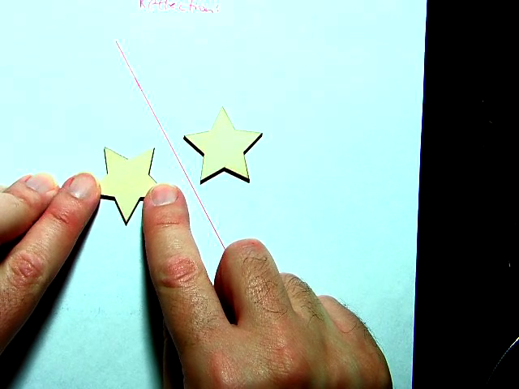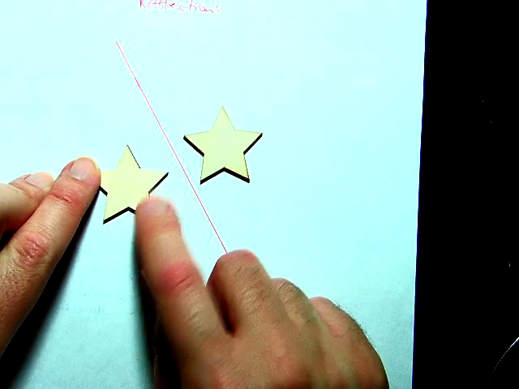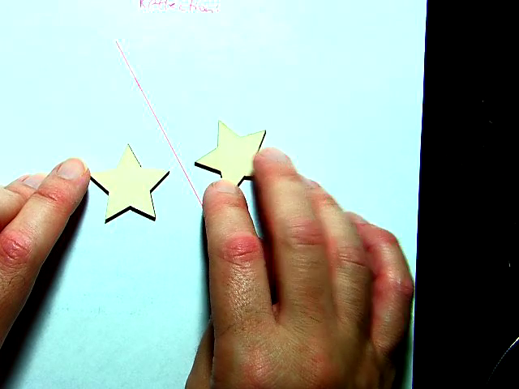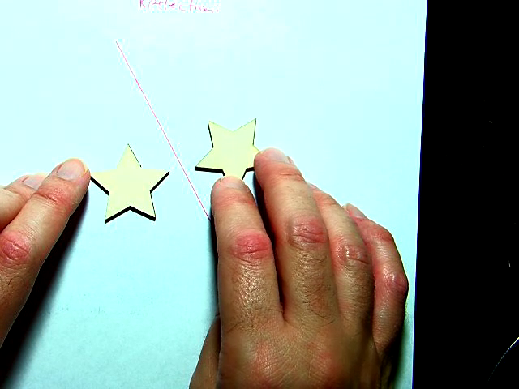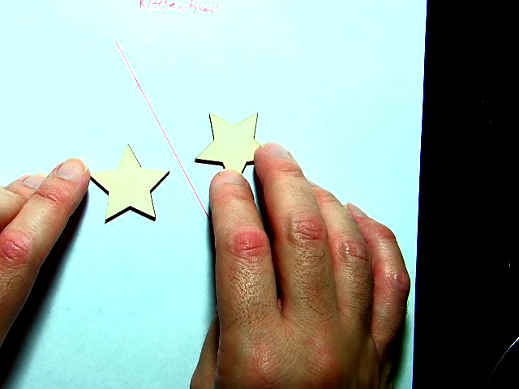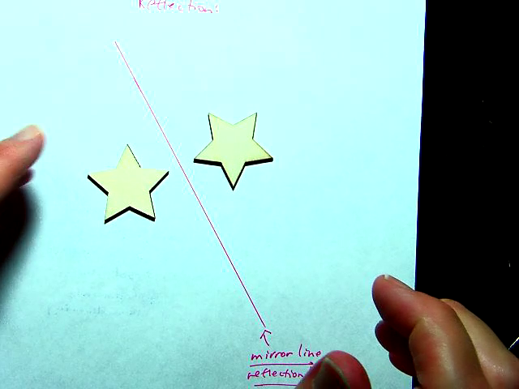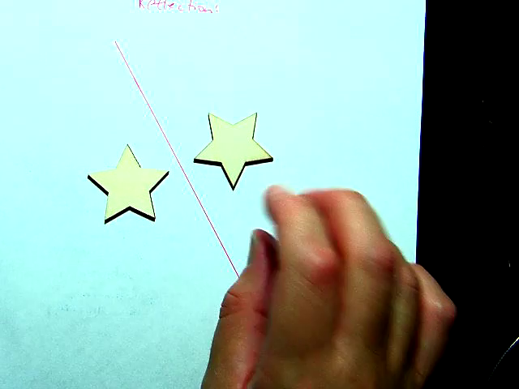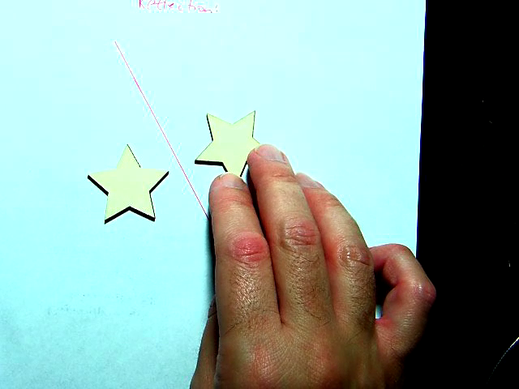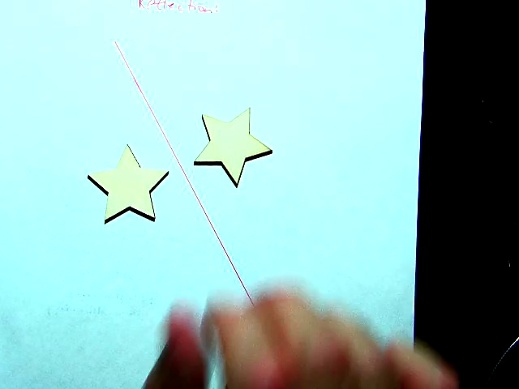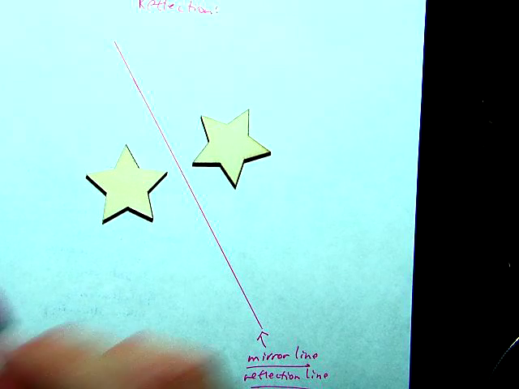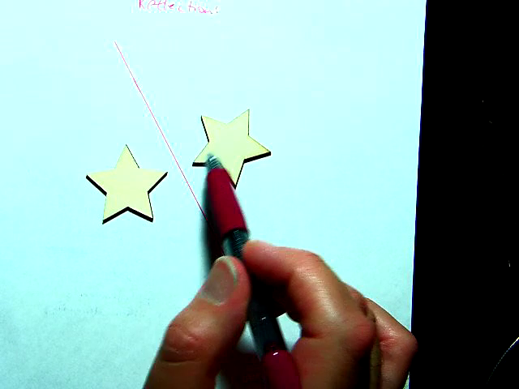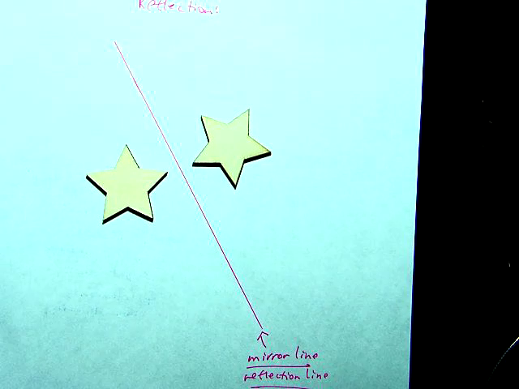If one of them turns in such a direction so that this point is pointing towards the mirror, the other one will adjust so that it is like a reflection in a mirror, and this point will also be pointing towards the mirror. So what you've got in a reflection is a pre-image and an image that look as if they're mirror images of each other. That's exactly what's going on.